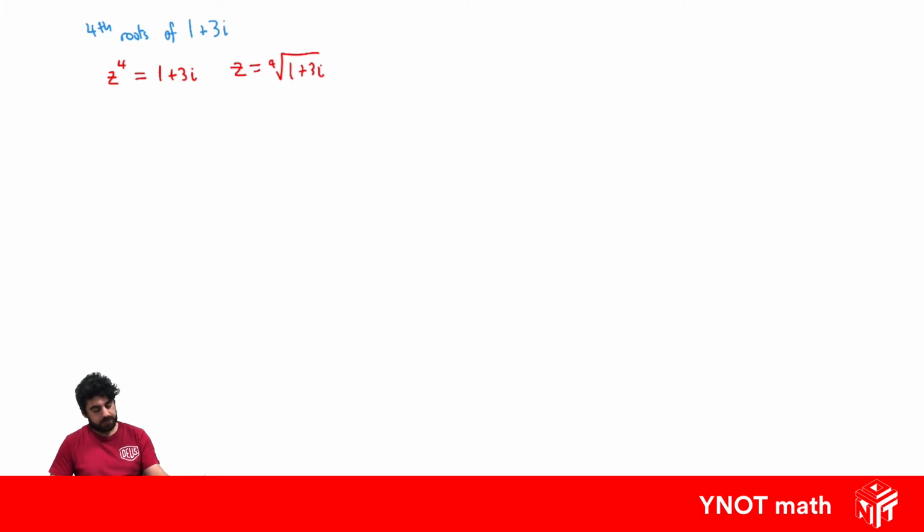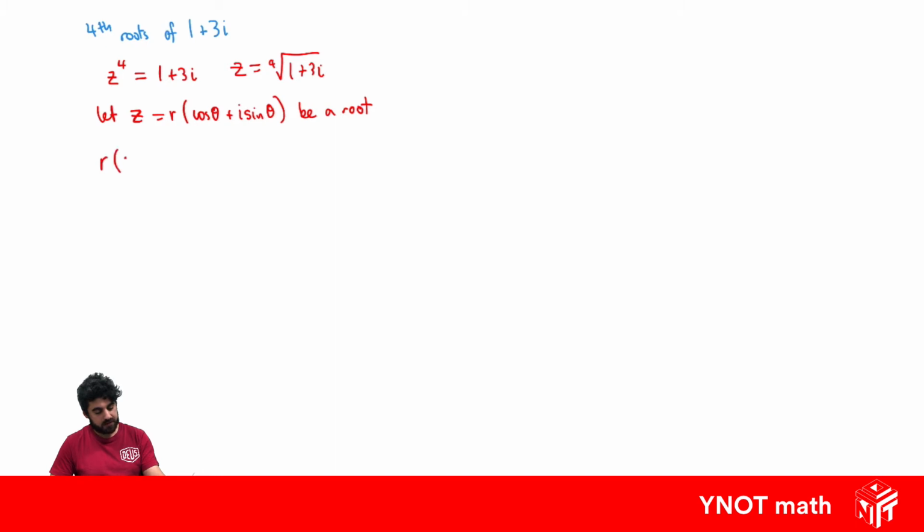Our next step is to let z equal r outside of cos theta plus i sine theta. So we want it in mod arg form, and this is going to be a root of the equation, which means that if it's a root, we can sub it into our equation and it'll hold true.